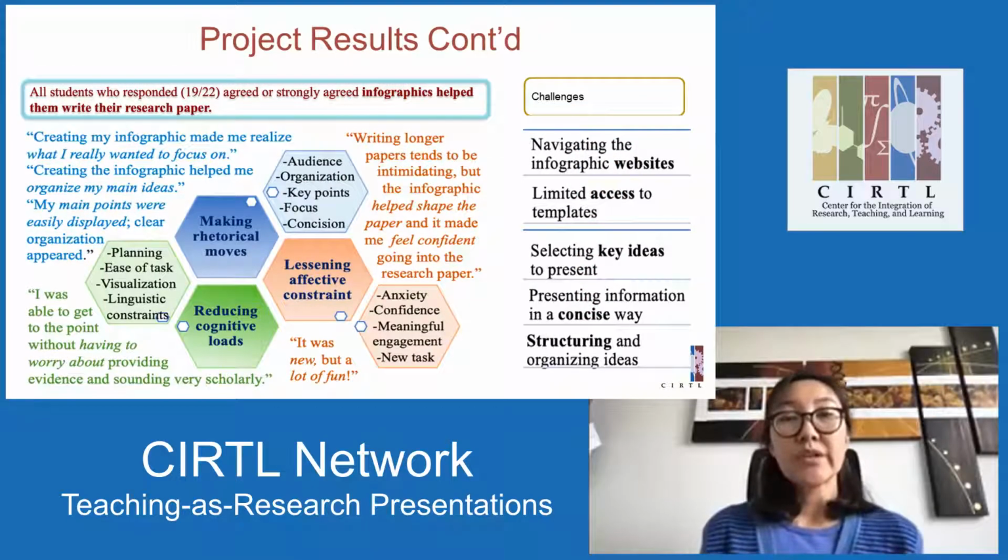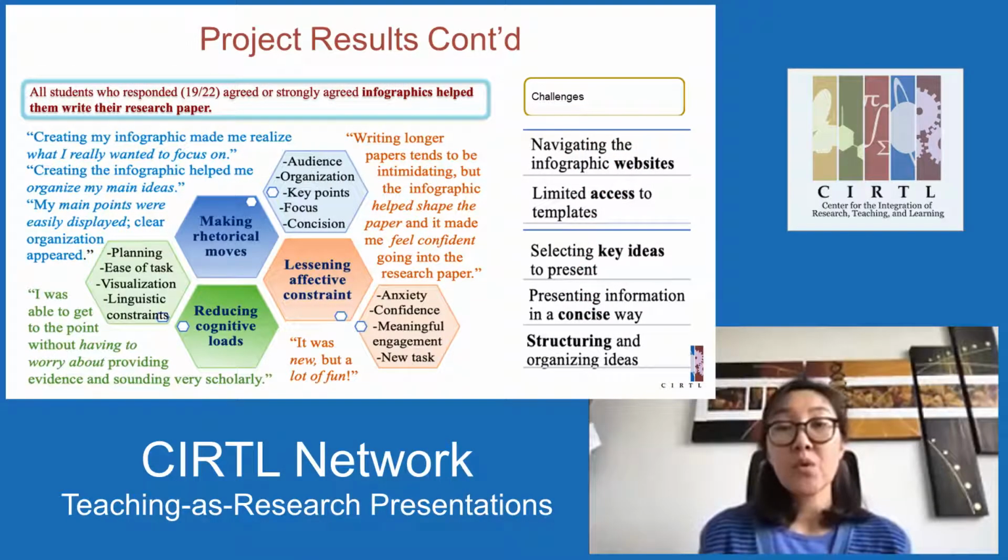Research questions two and three explore students' experiences and perceptions. All students who responded, that's 19 out of 22 students in this class, agreed or strongly agreed infographics helped them write their research paper.